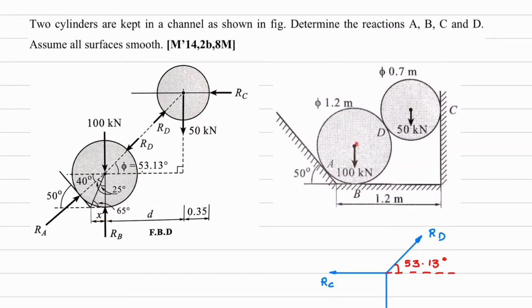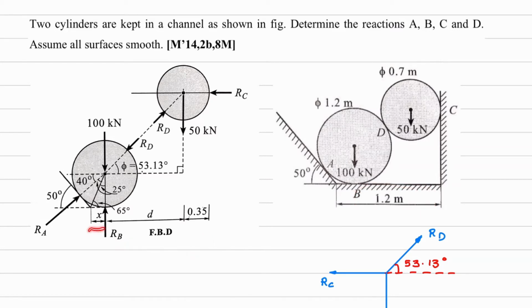From this center to this center, the distance is defined by us as d. So this is x, this is d, and the remaining part will be the radius. Diameter is 0.7 meter, so radius will be 0.35 meter. So x plus d plus 0.35 will be equal to 1.2 meter.